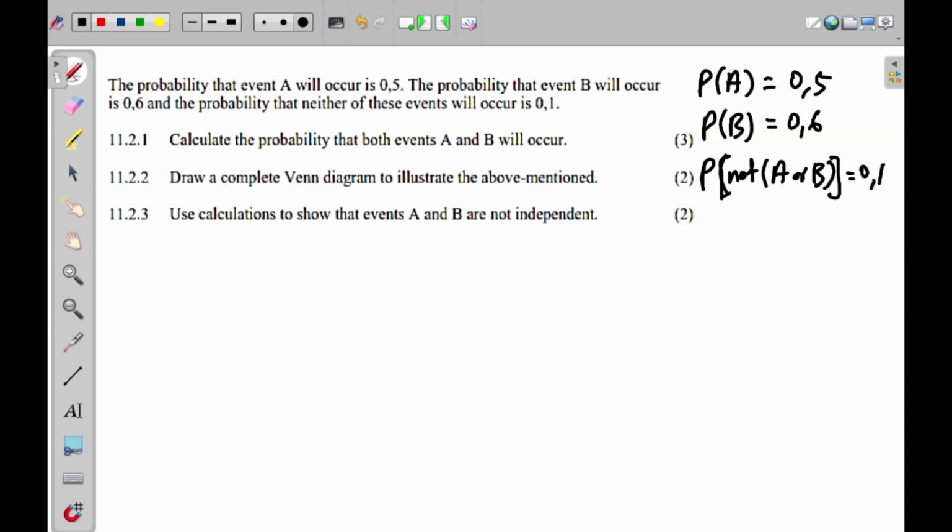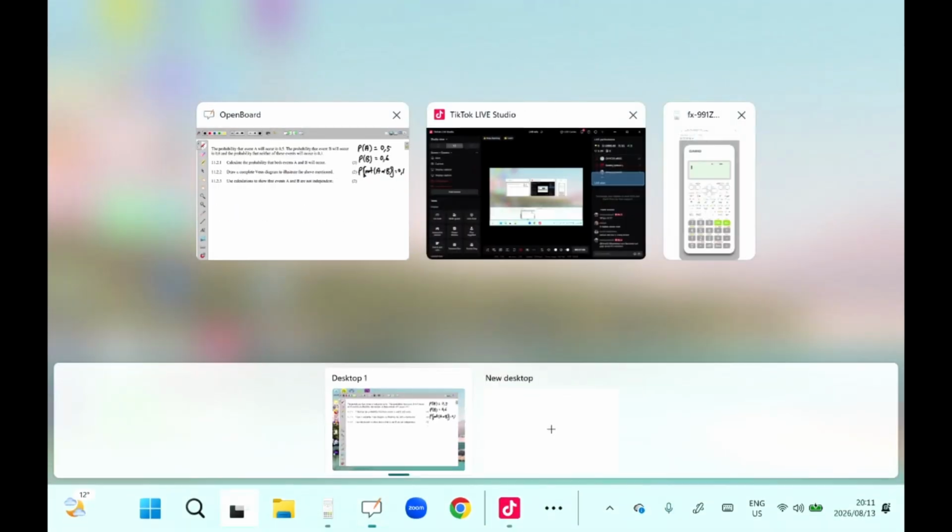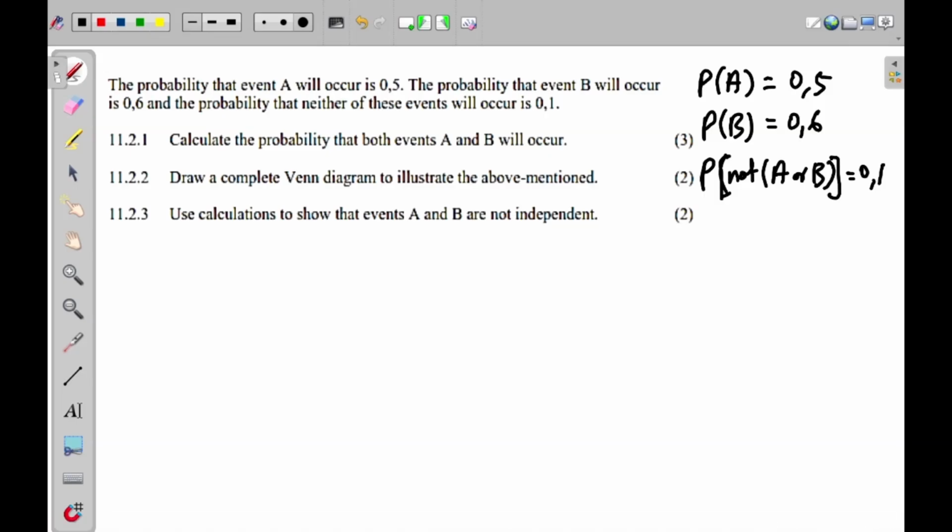But again, I'm not going to force you. If you feel that drawing a Venn diagram right away would work out, you are more than welcome to try that out. Anyways, what are we going to do now? Well, we're going to go for the fundamental theorem of probability. Let's go for it. This is 11.2.1.